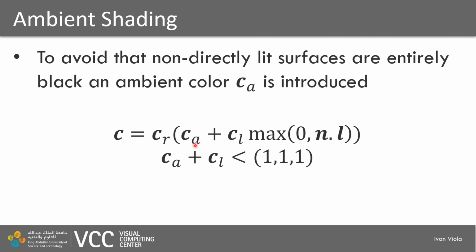So this is somehow an ambient light source, which is not weighted by the geometrical properties and the light position, because the light is coming from everywhere. But we still need to take into account the reflectance of our object, its material, so in this way the ambient color term is component-wise multiplied with the reflectance.